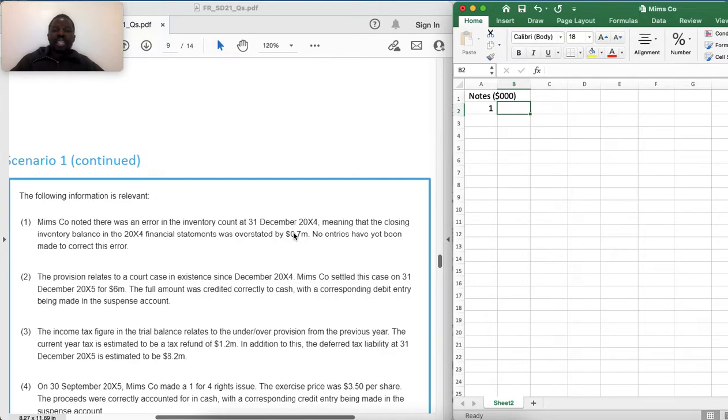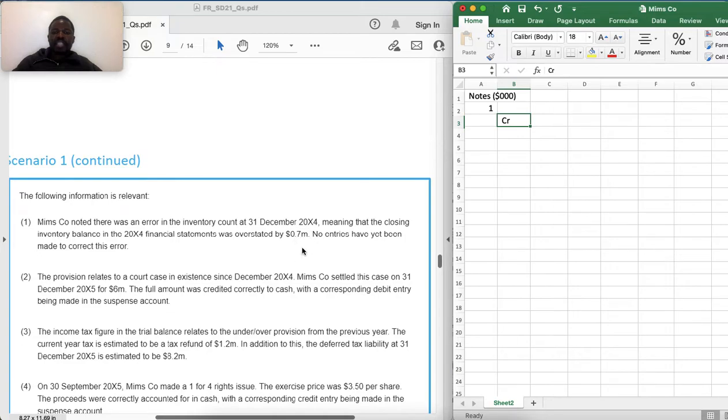And also, what does this mean about this 0.7? This 0.7 was also included in the opening inventory of 20x5, because the closing inventory of 20x4 is the opening inventory of 20x5. So now we have to correct that. So the opening inventory reduces profit.